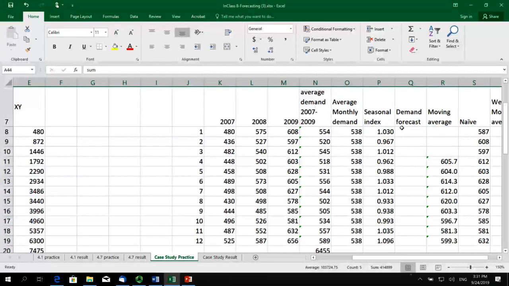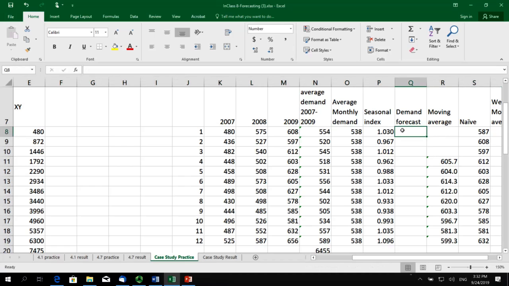I think in this example they didn't give you the 2010, but we did figure out the seasonal index. If we can forecast the yearly demand, then for every month we can find out the monthly demand.